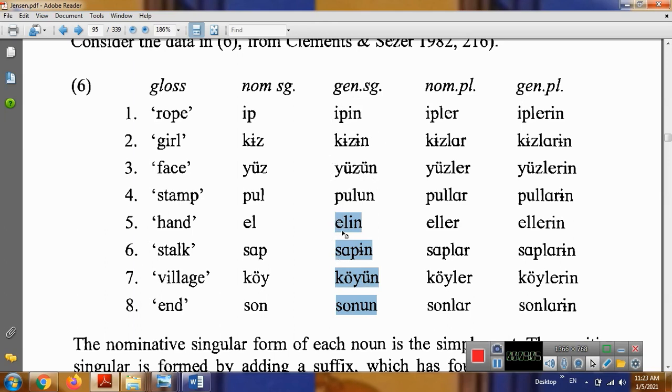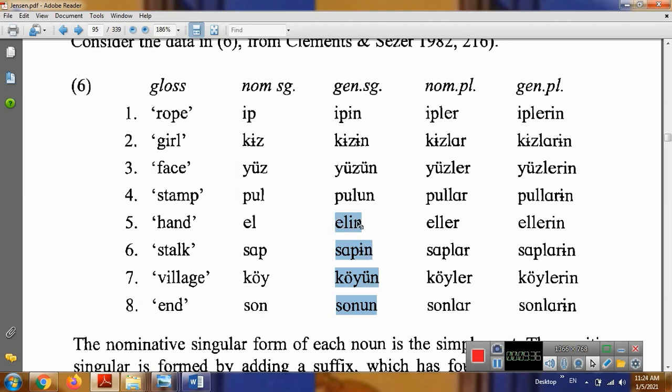But when the vowel of the root is minus high, like a, o, when the vowel of the root is minus high, we choose the vowel which is near to the vowel of the root. For example, they have more shared features with each other.